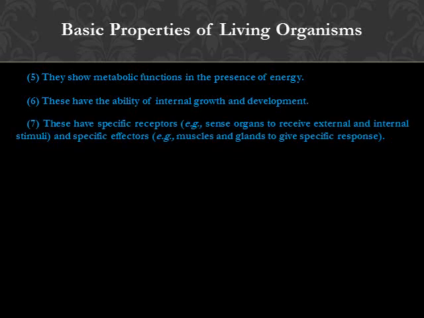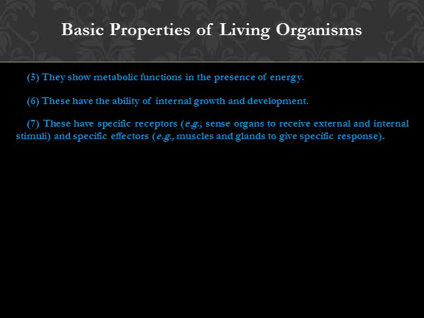The next important characteristic feature of living organisms is that they have specific receptors, that is sense organs, to receive external or internal stimuli, and specific effectors as well to respond, right? Muscles and glands give specific responses to a particular type of sense.